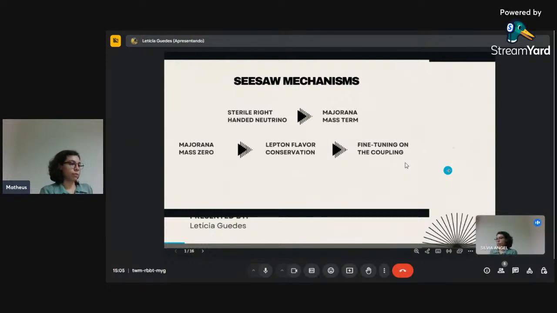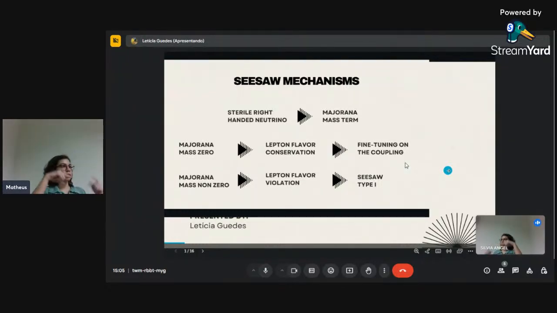If this term is zero, you have lepton flavor conservation and a massive neutrino, but you have to do extreme fine-tuning on the coupling. So normally we consider a Majorana mass term non-zero, which causes lepton flavor violation, and we call this Seesaw type 1 because the more you increase the mass of the right-handed neutrino, the less massive the left-handed neutrino will be.